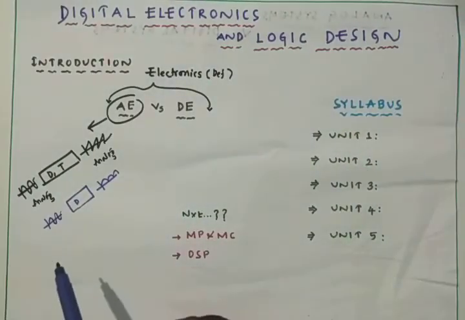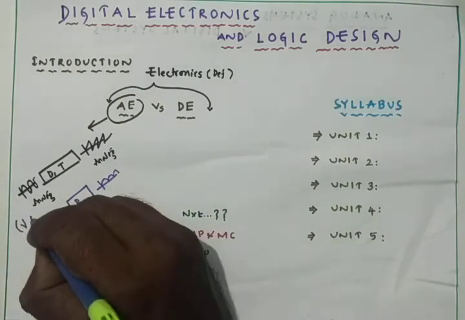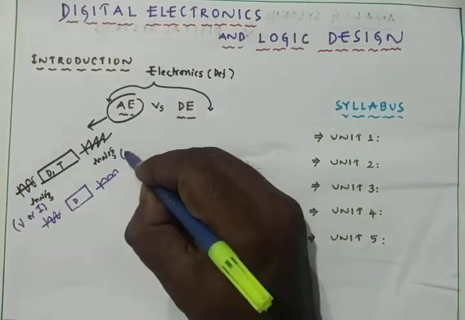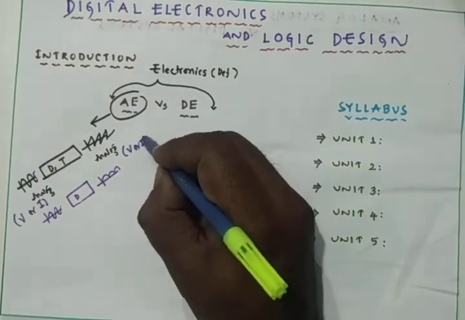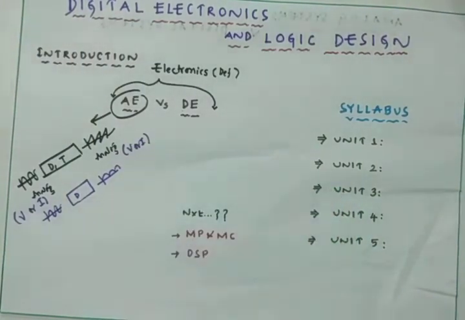An analog signal is nothing but a continuously varying signal. That continuously varying signal may be voltage or current.